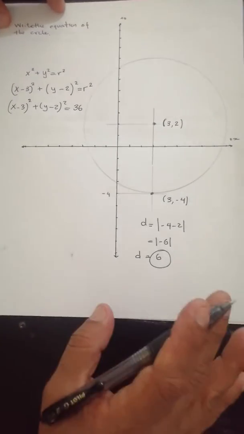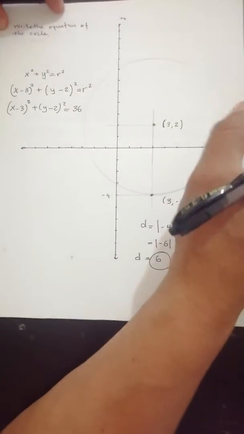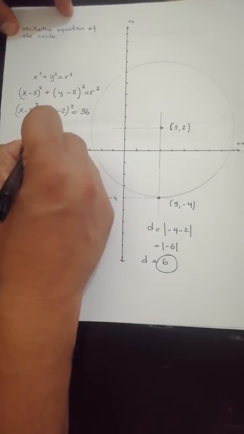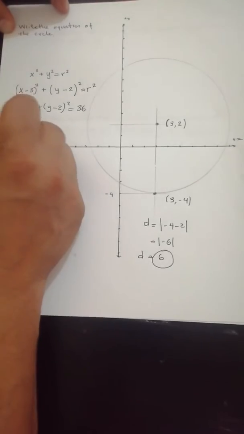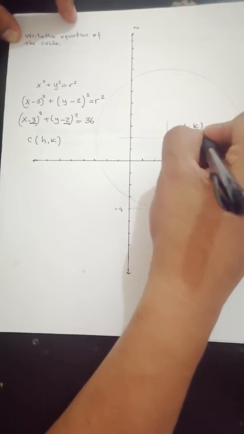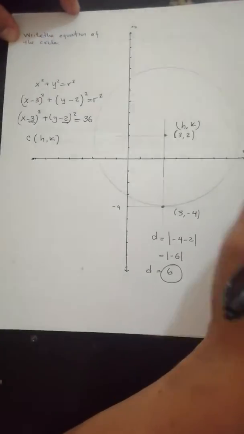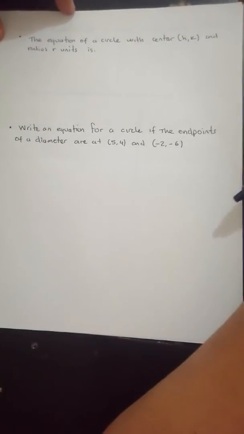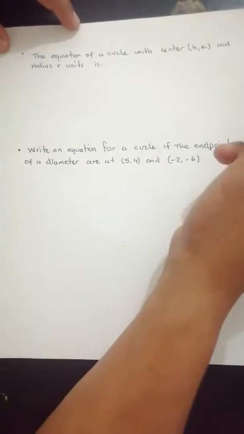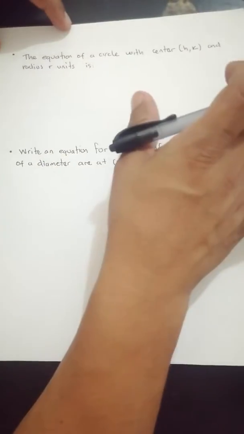So in a general way, when the circle is not located at the origin of the Cartesian plane, the center of the circle will be located at h, k, where h is this number 3 and k is this number 2. Those are the coordinates that I wrote before. Now they asked me to find the equation of a circle with center h, k and radius r units. This is the general form for the equation of a circle whose center is not at the origin anymore.